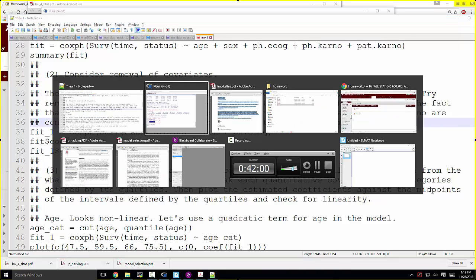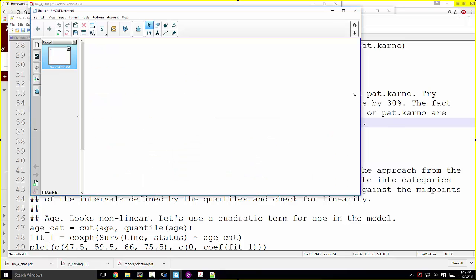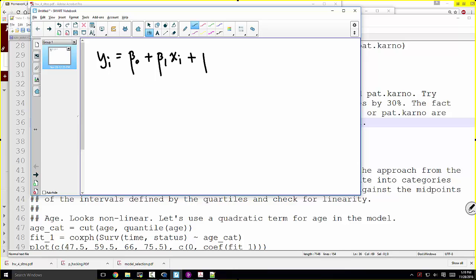On that topic, let me say something else that I haven't told you guys yet. If we have a regression model, like let's say y is equal to beta 0 plus beta 1 x plus beta 2, let's call beta 2 treatment.